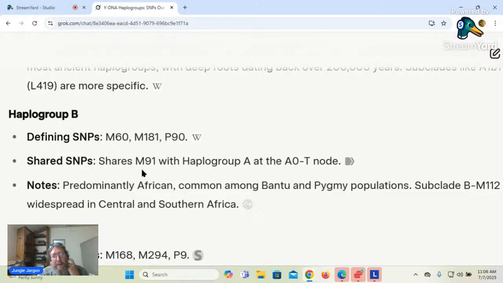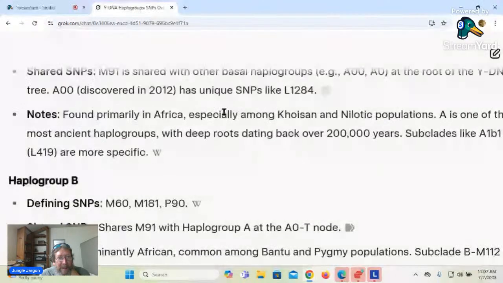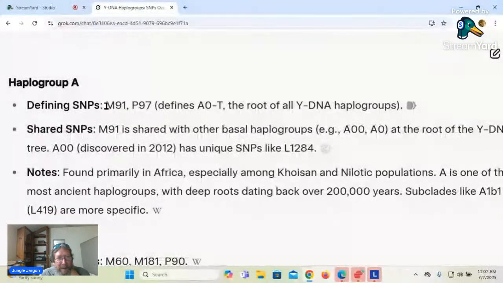Okay, now when it comes to B, he shares M91 with haplogroup A at the node A0 through T node. Haplogroup A. Okay, so M91 is shared with A. And you have A is defined by M91.